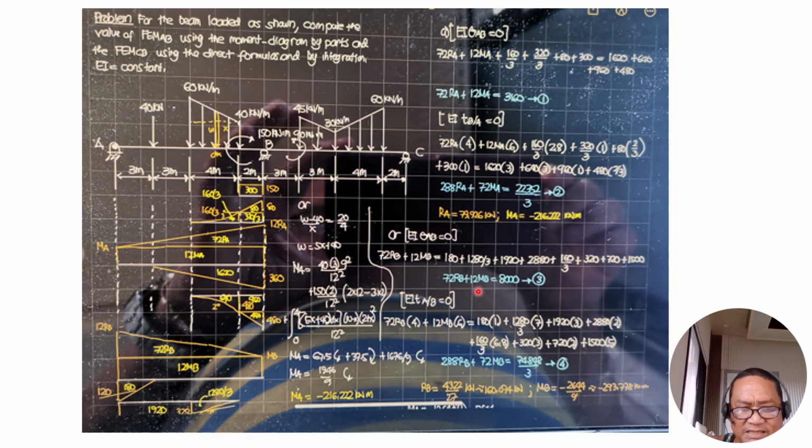Simplifying, it is 72 RB plus 12 MB equals 8,000. Call that equation 3. Then EI deviation of A relative to B equals 0.